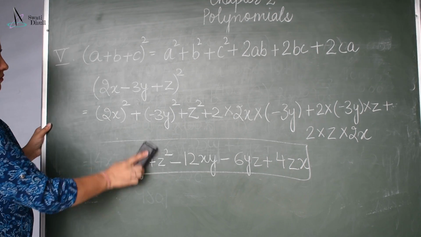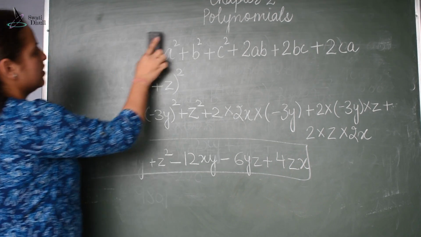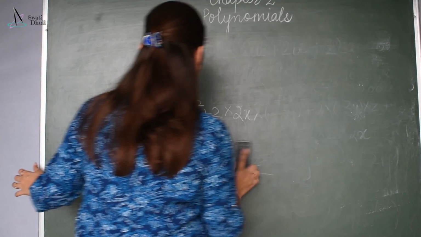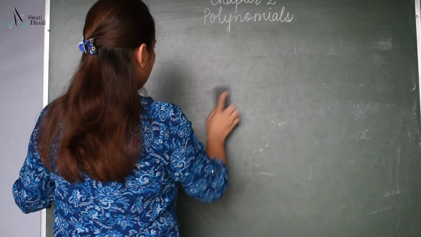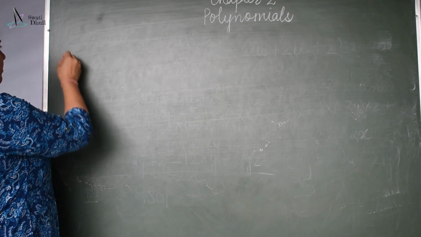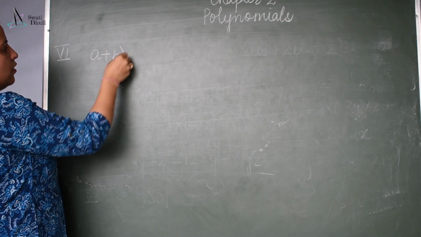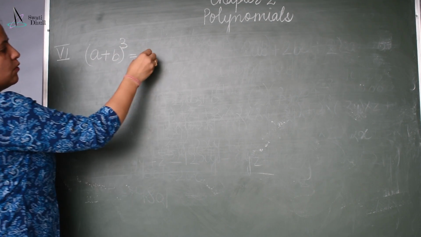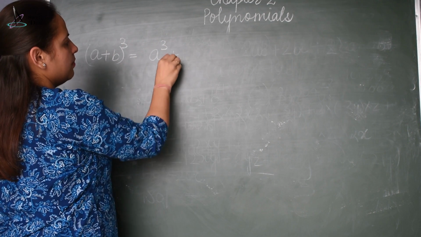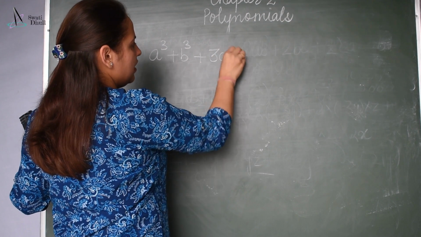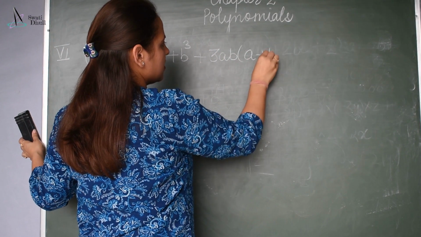Now, the next identity we have, the sixth identity, is (a + b) whole cube. That is equal to a cube plus b cube plus 3ab into (a + b).